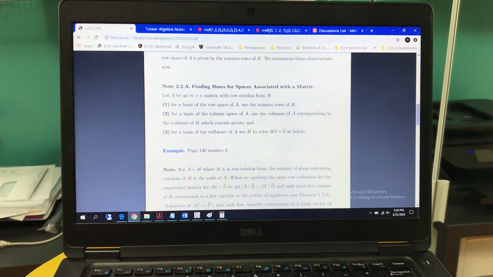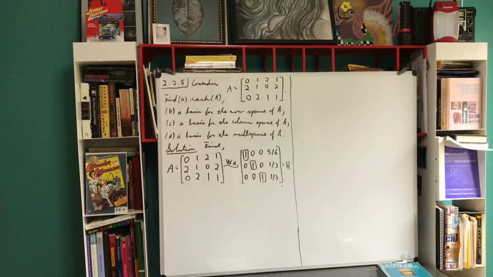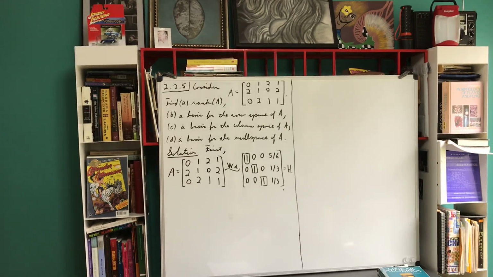To find a basis for the row space, we'll use the non-zero rows of H. To find a basis for the column space, we'll use the columns of A corresponding to the columns of H which contain pivots. In part 3, for a basis of the null space, we'll solve the associated homogeneous equation, Hx equals 0. You've got lots of experience solving homogeneous equations and systems of equations, but that'll be the lengthiest part of it.